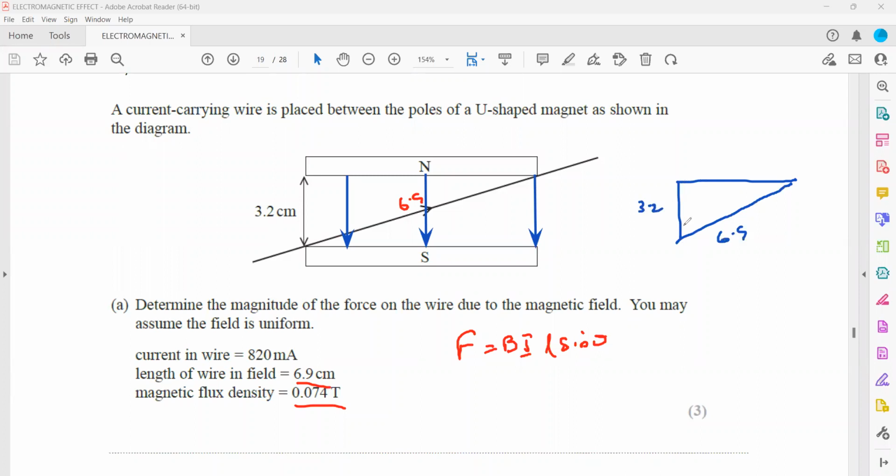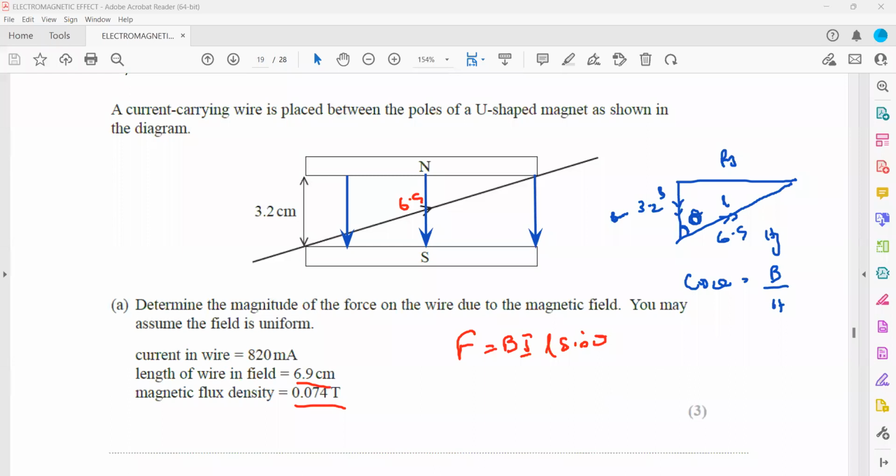I need the angle between the wire and the magnetic field, L and B, so I need theta here. This one is the hypotenuse, this one is the base, and this one is the perpendicular. So we use cosine theta. Cos theta is base divided by hypotenuse.